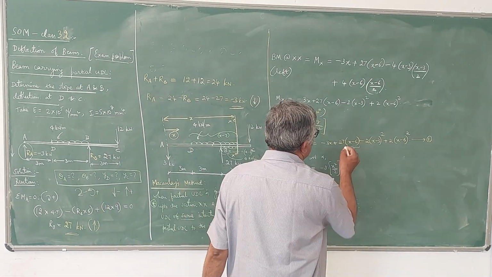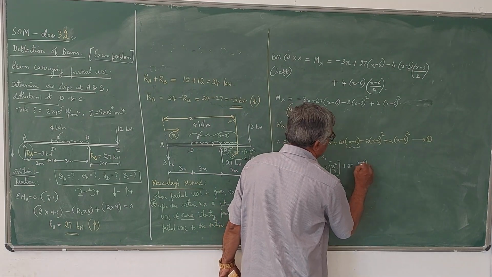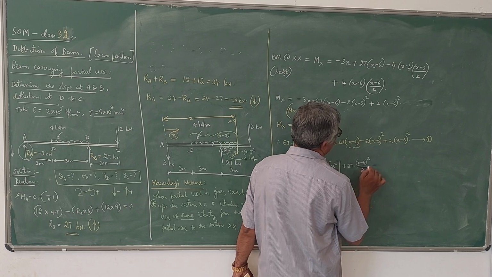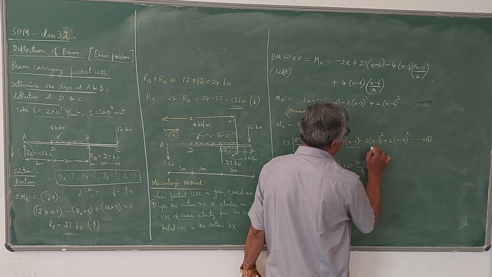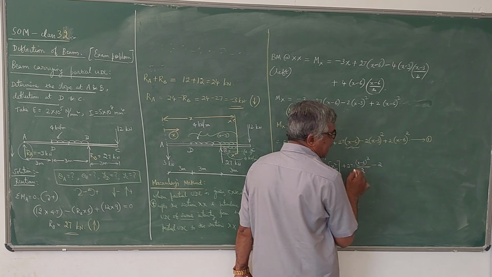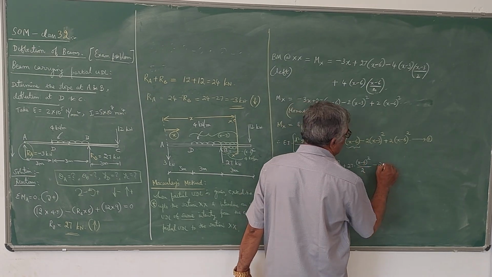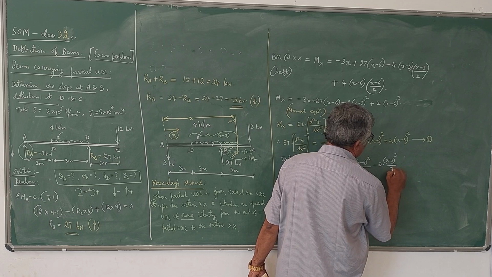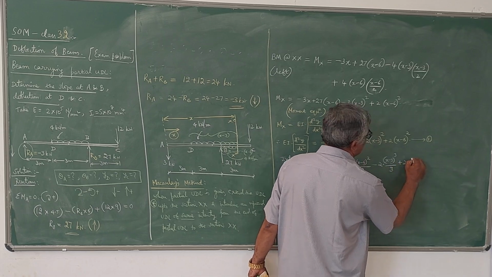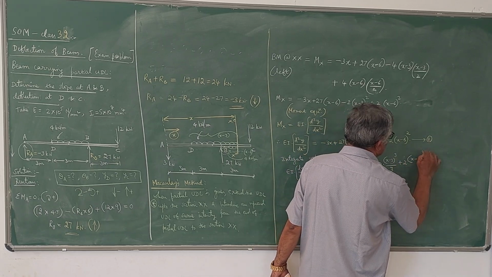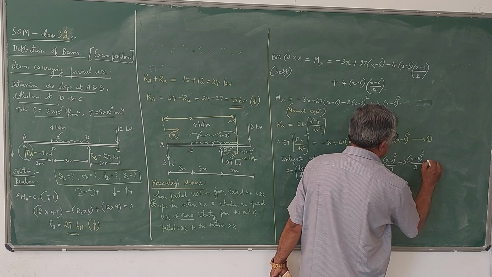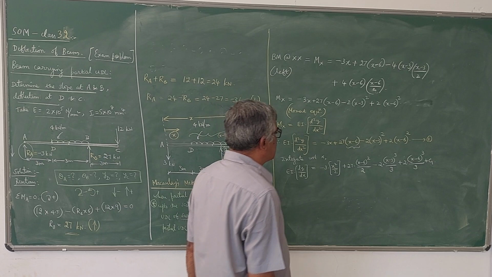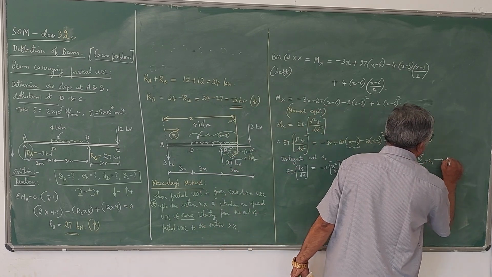That means it is x minus 6 whole square by 2. This step is very important. Minus 2 into, here also we integrate it like x square, so it is x cube by 3, that means x minus 3 whole cube by 3. And this one also, plus 2 into x minus 6 whole cube by 3, plus c1, our constant of integration is c1. So this is the expression we get for slope.